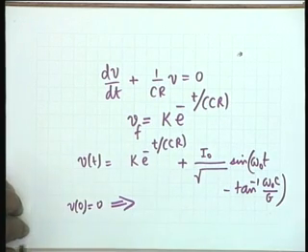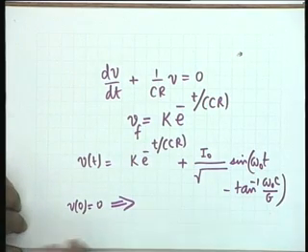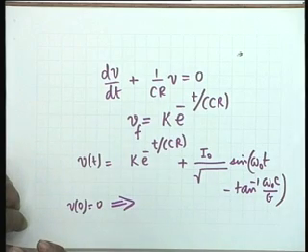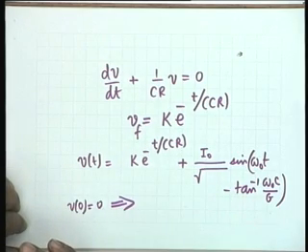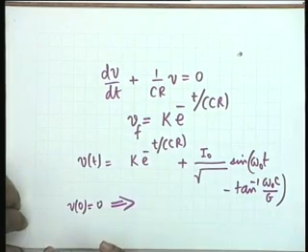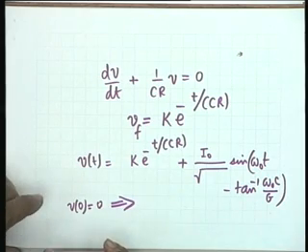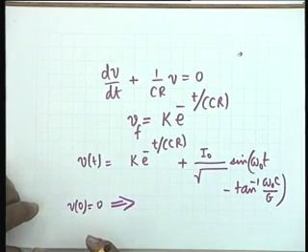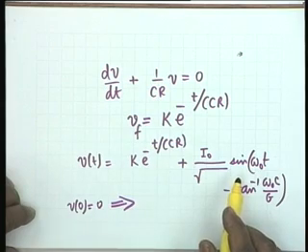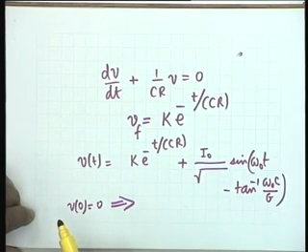So VF here is the free response. If there was no excitation, if there was no current source and the capacitor was charged at 0 minus, then this would have been the total solution. But the total solution here is that there is an excitation, and therefore you have to write the complete solution, then find the initial condition.